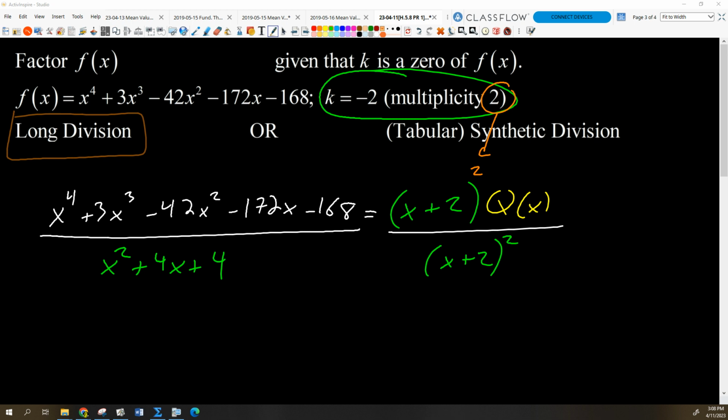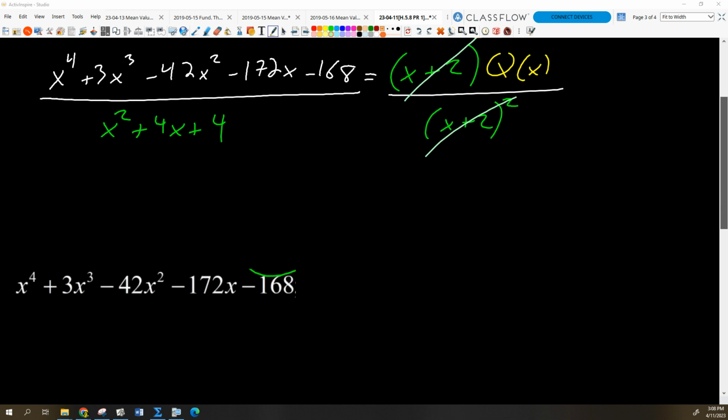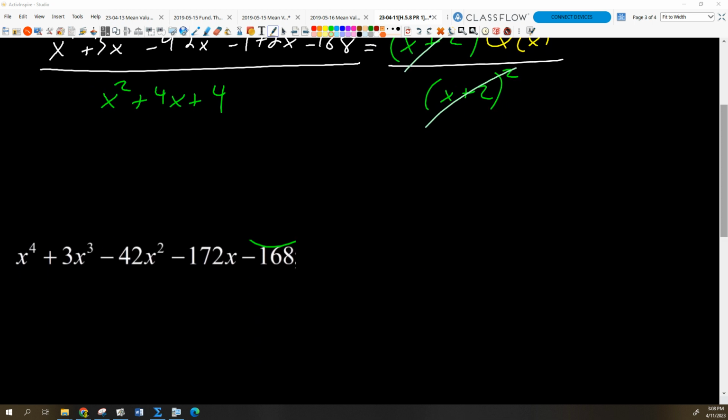Okay, so I divided by the same thing, didn't I? Treated both sides equally. These guys cancel, and so that's q of x. Well, how could I solve that? I could use long division, right? Because the bottom is not linear. All right, so let's go through this using long division.